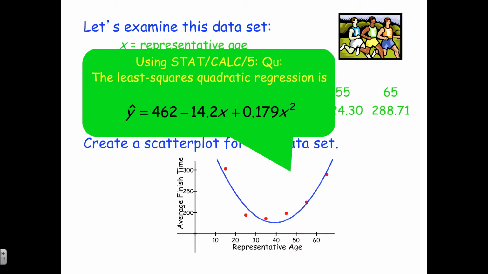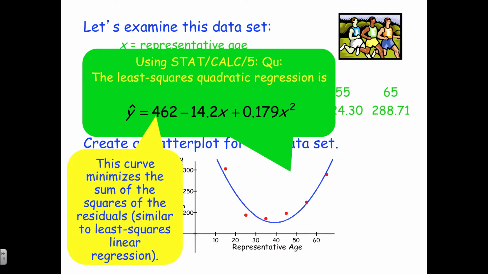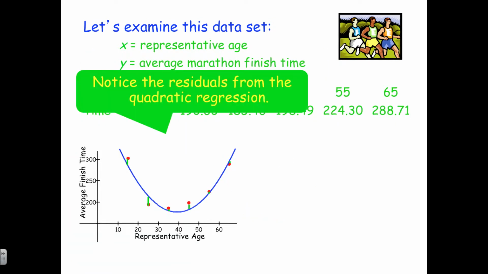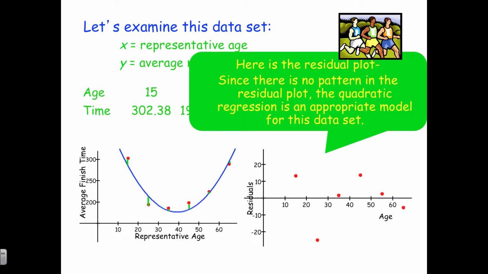I'd like to use the specific equation. It minimizes those residuals and the sum of the squares of those residuals. These are the residuals shown on that line. You can see they're pretty small. When I graph them, I don't see a particular pattern. They're kind of randomly spread all over.